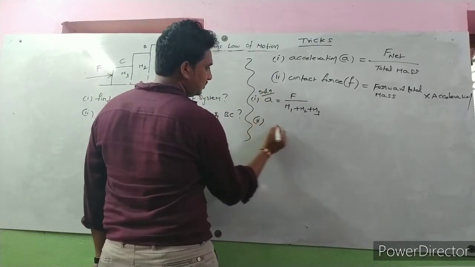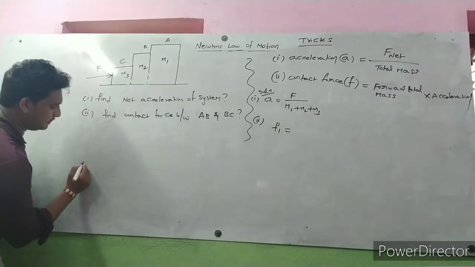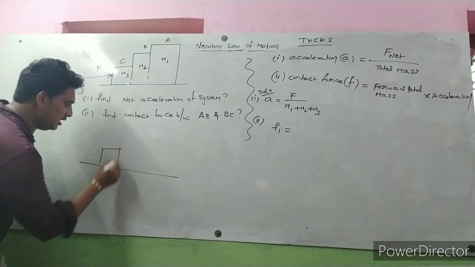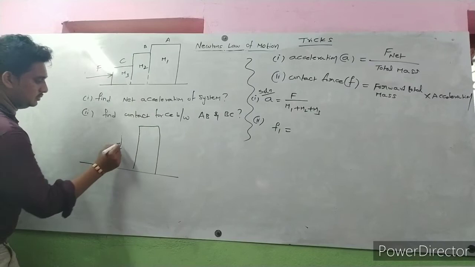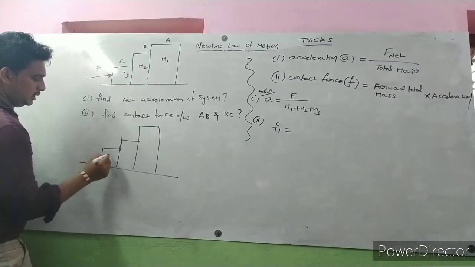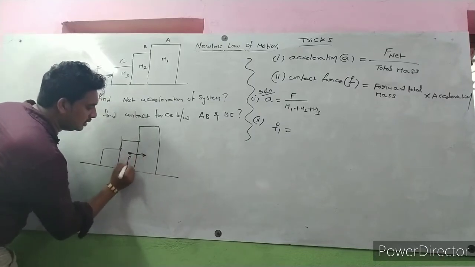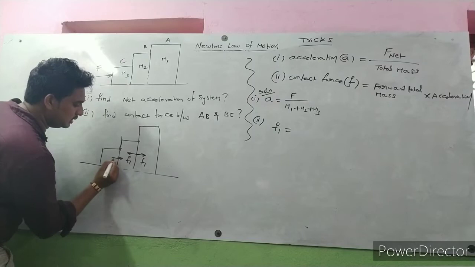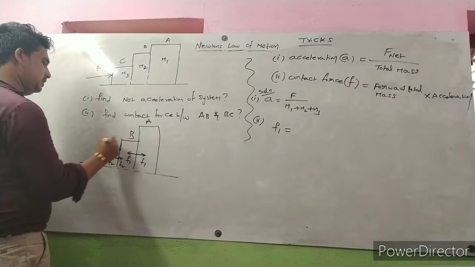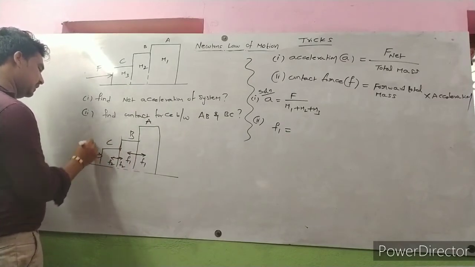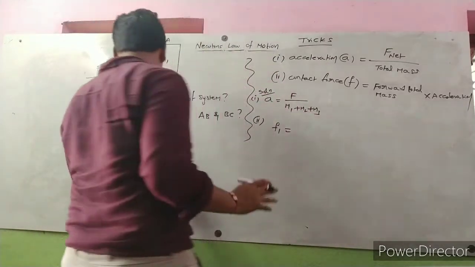Next, the second question. F1 is equal to... Here observe carefully. This is M1, this is M2, this is M3. The contact forces act like this: this is F1 and this force is F2, with force acting in this direction on blocks A, B, C. Now apply: F1 is equal to the forward mass.